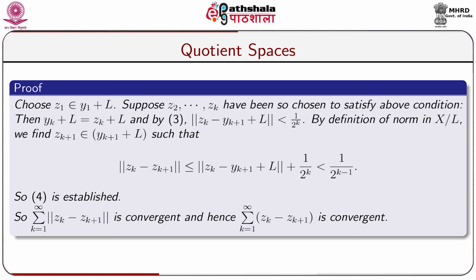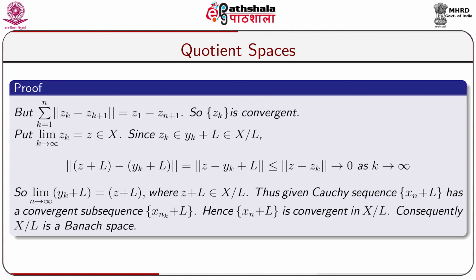So, the series sum over k = 1 to infinity of the norm of zk − zk+1 is convergent. That means the series sum of zk − zk+1 is absolutely convergent. As zk belongs to capital X and X is a Banach space, we know that in a Banach space every absolutely convergent series is convergent. So, that is why the sum of zk − zk+1 is convergent.